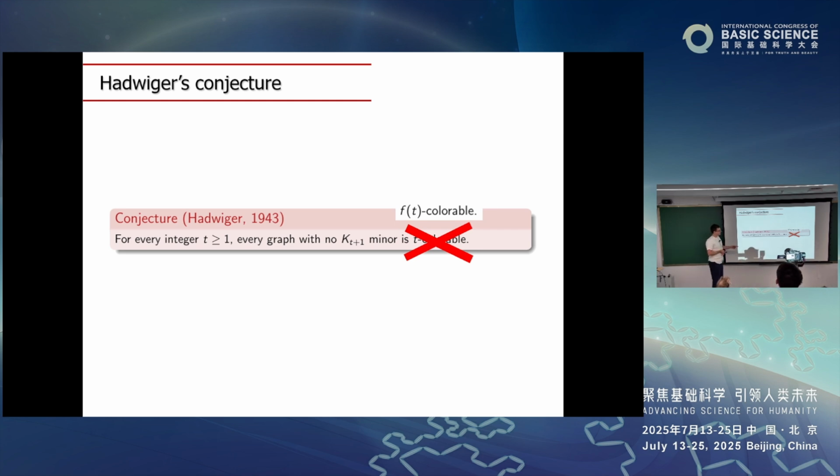Another variation: complete graph has a lot of edges, all the edges. Maybe let's be less ambitious, exclude some smaller graph on t plus 1 vertices, and see what happens. So change what graph we're excluding.